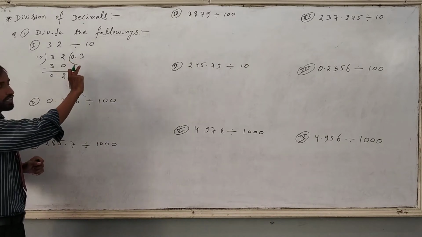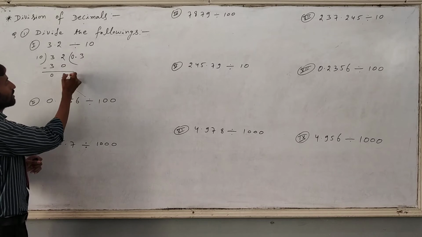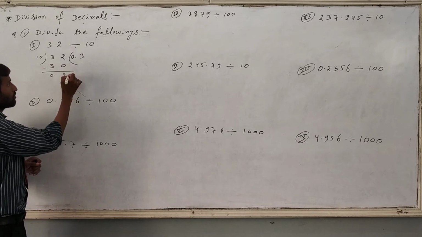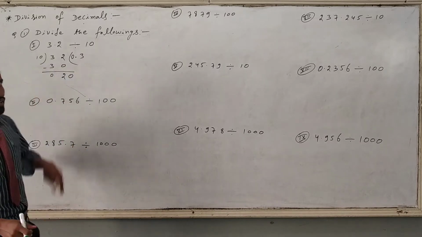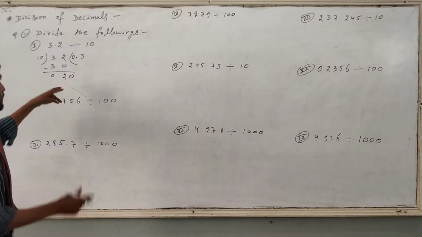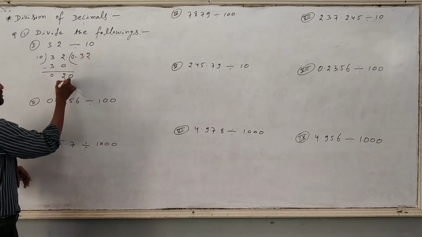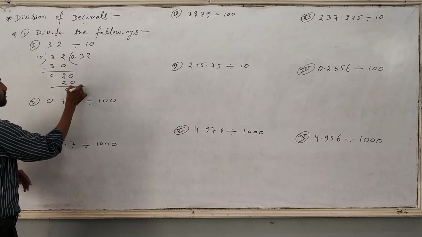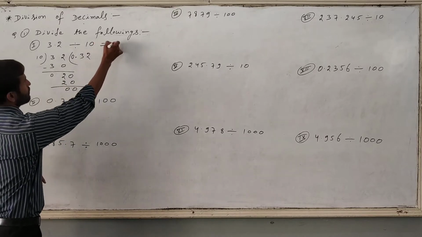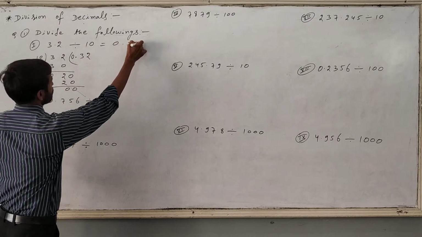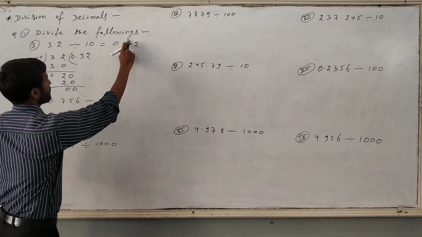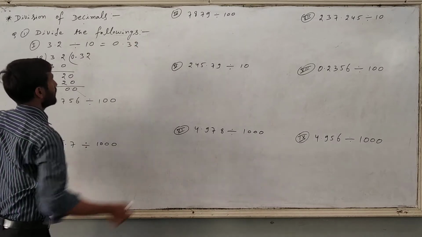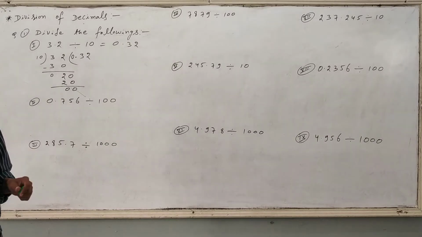So if the point is there, that's why I am putting a 0 here. Now we can divide: 10 goes into 20, the remainder is 0. So the final answer is 0.32.